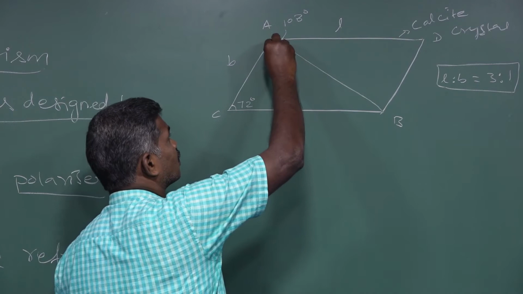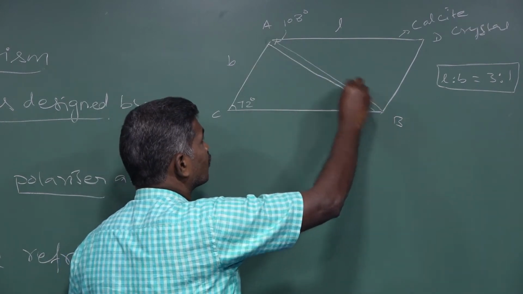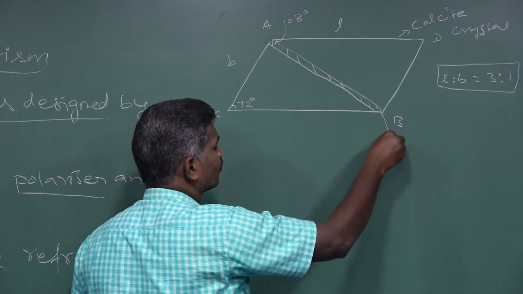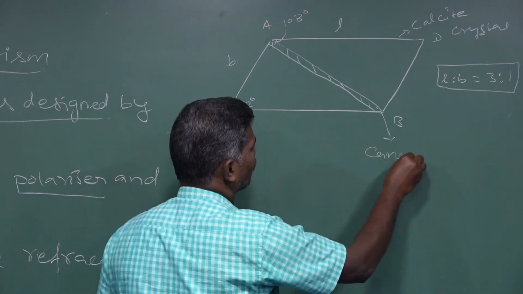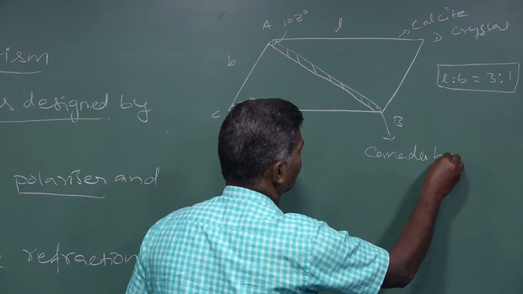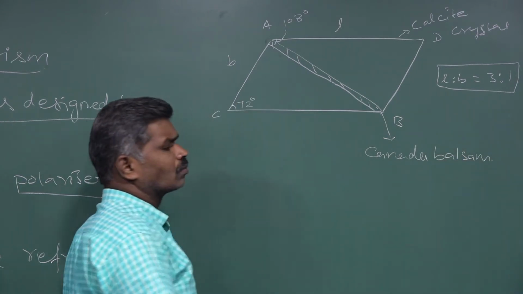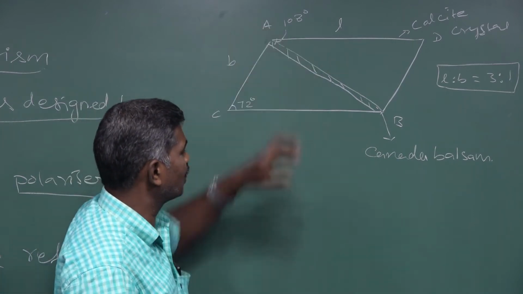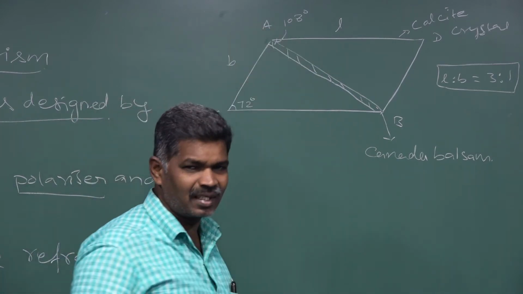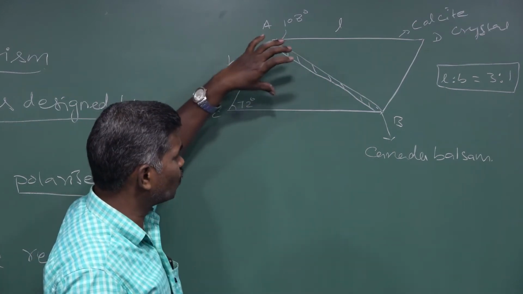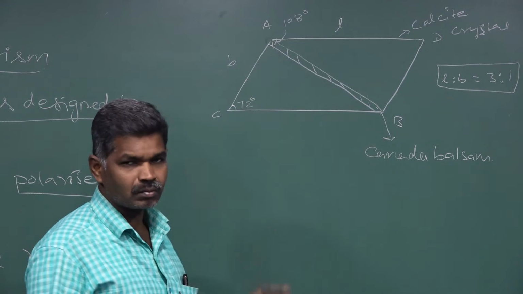There we are placing the Canada balsam. Canada balsam is a cement-like material used as a paste to join the two parts.